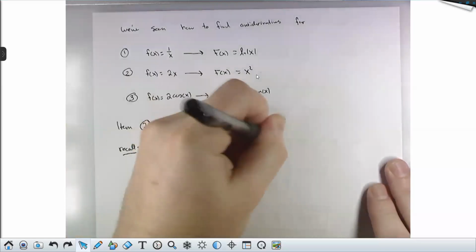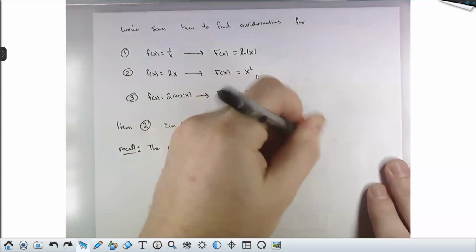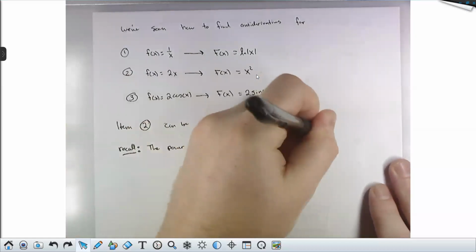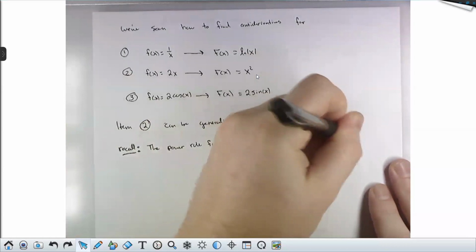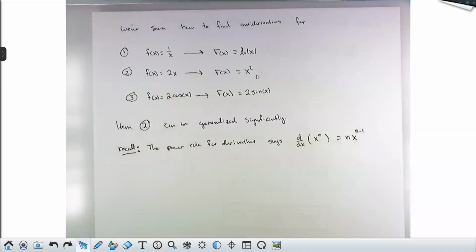says that d dx of x to the n is n x to the n minus 1. This is the thing that everybody remembers from the first half of the course. Seems like everybody retains this one.